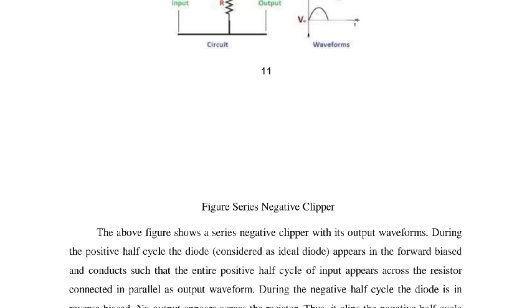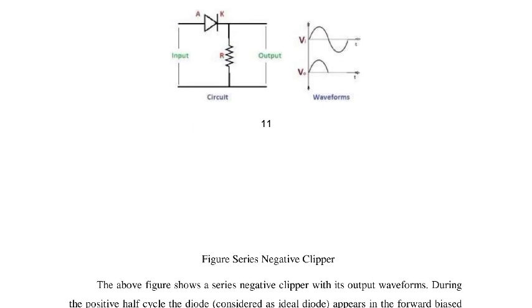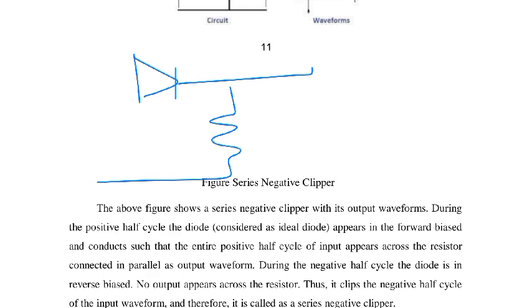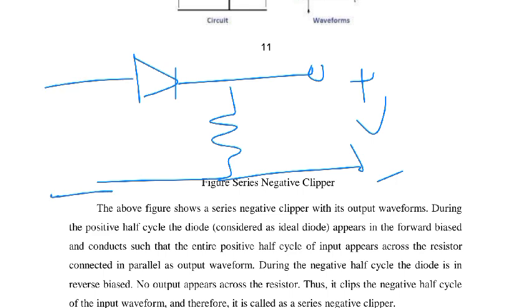Looking at the figure, suppose this is the one diode, this is the output, and here is the input, from here to here is Vi.